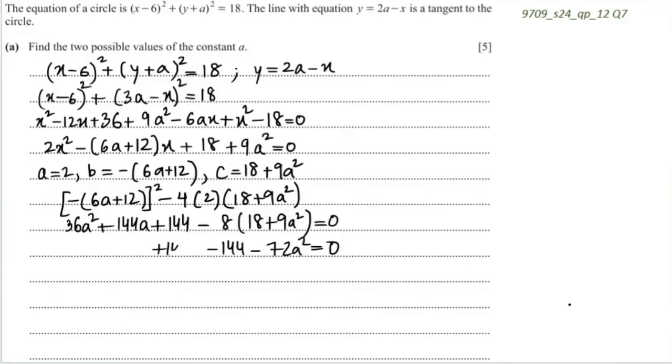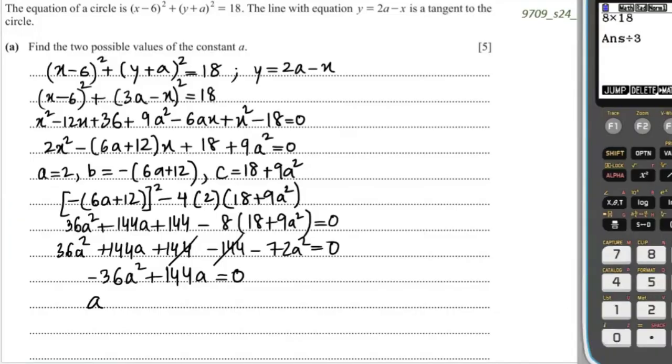This is a plus 144 and plus 144a and 36a squared. Well, that's it, so this goes away. I have minus 36a squared and plus 144a equals 0. I can pull out the a, and I think I can pull out the 36 as well.